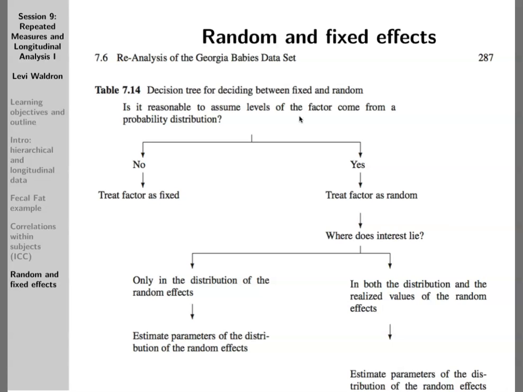So in the case of the baseline amount of fecal fat excreted in that example, if that were something that we wanted to assume was constant in the population and just took one value, that would be a fixed effect. But if we're assuming that it comes from a probability distribution, so say there is a population mean and a standard deviation, so it's a random distribution, then it's a random variable.